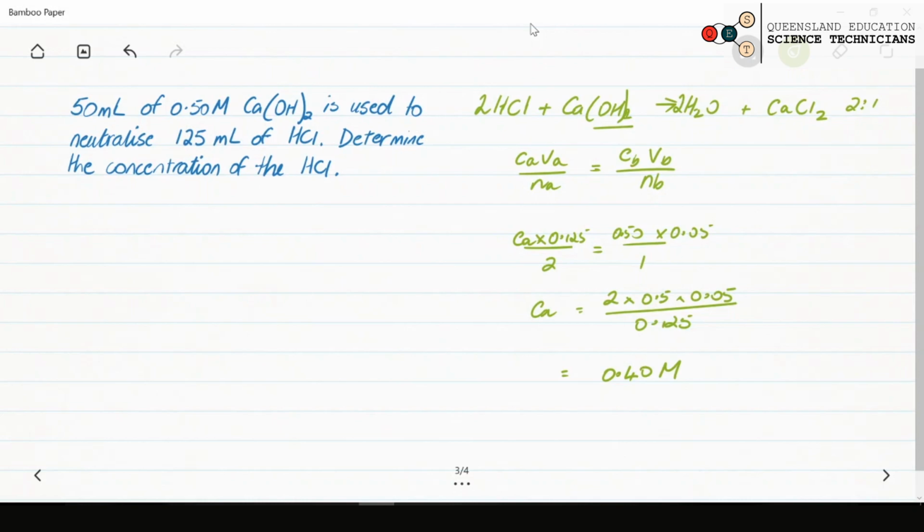And this is again our concentration of our HCl.